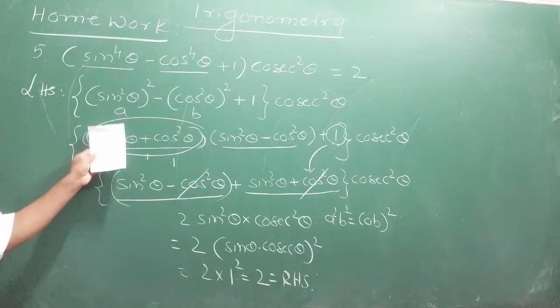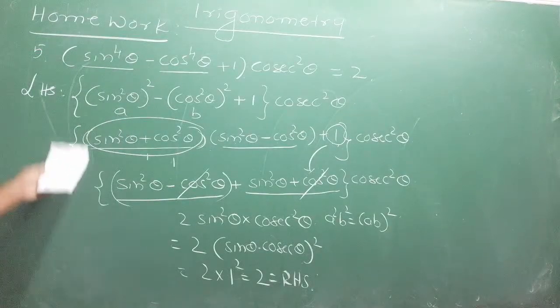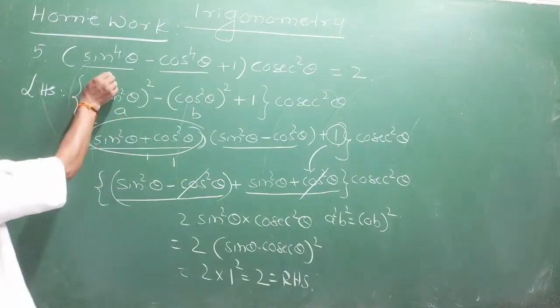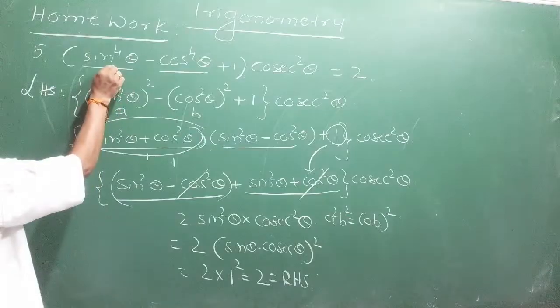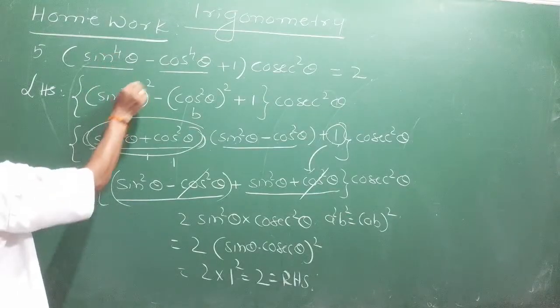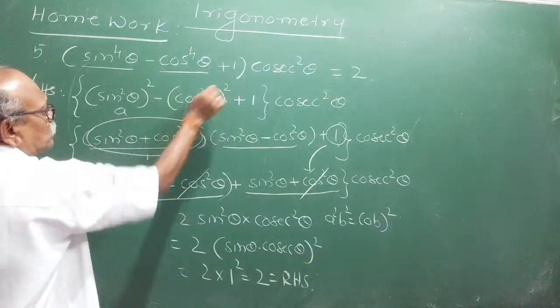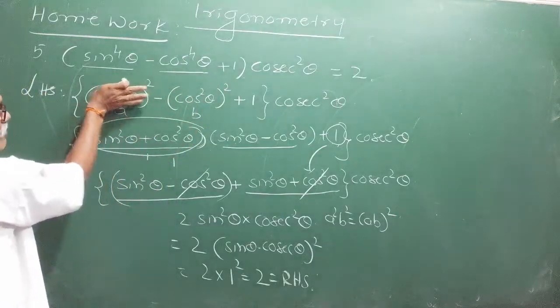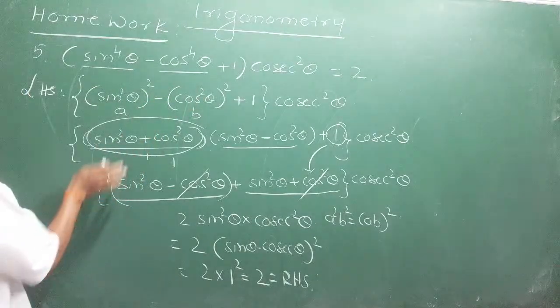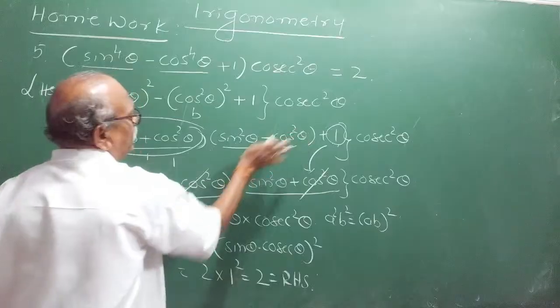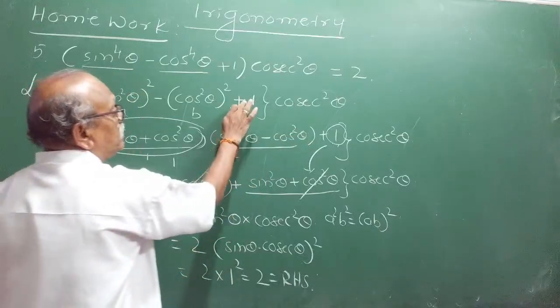Check your method and my method. Those who have not solved it, you can understand it. Observe, those who are slow learners. I am writing sin raised to 4 theta as sin square theta raised to 2, and cos raised to 4 theta as cos square theta raised to 2, so that it is in the form of a square minus b square. You know that a square minus b square is a plus b into a minus b. And this plus 1 is there.